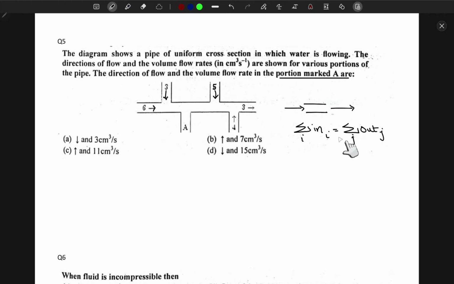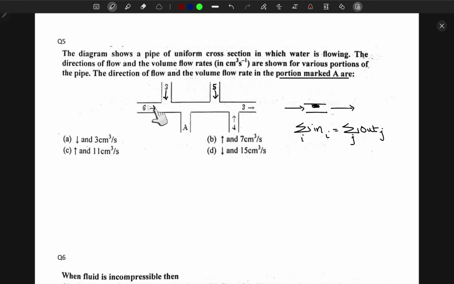So we'll sum over this and we'll equate them. If that was not the case, that would mean that something basically stayed inside. So the equation of continuity still implies this. Now we'll use that principle, the equation of continuity of flow rate, and we'll deal with this problem.